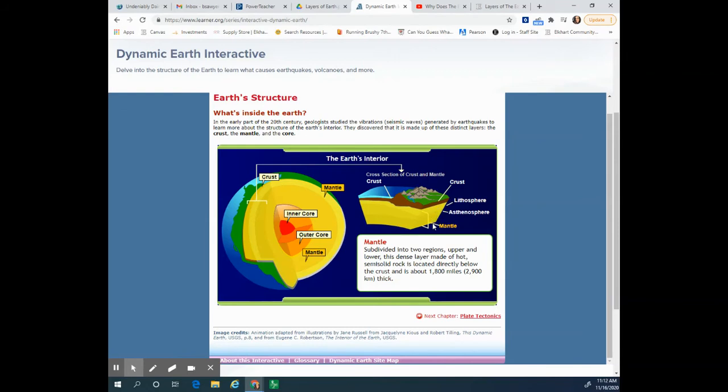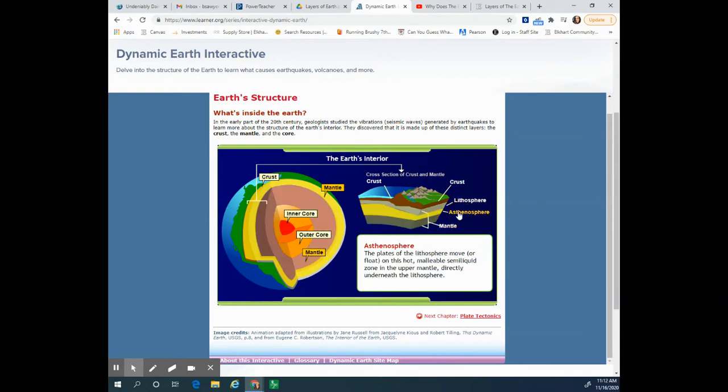So right here you have the mantle, then you have the asthenosphere. The asthenosphere is the hot, malleable, semi-liquid zone in the Earth's upper mantle directly underneath the lithosphere, on which the plates of the lithosphere move or float. The lithosphere is made up of the crust and a tiny bit of the upper mantle. This layer is divided into several constantly, very slowly moving plates of solid rock that hold the continents and the ocean.